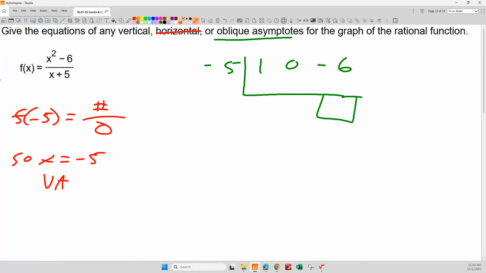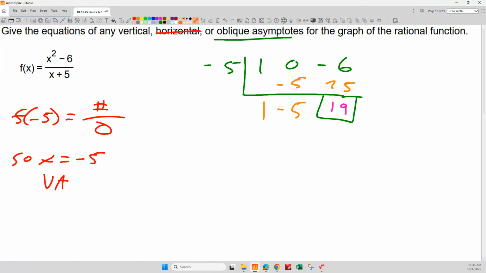So then, what do I get? Negative 5, because I add them, right? You do the opposite of long division. You add with synthetic. And then 20. Not that I really care, but that's, oh, whoops, 25. Not that I really care, but that's, what, 19?